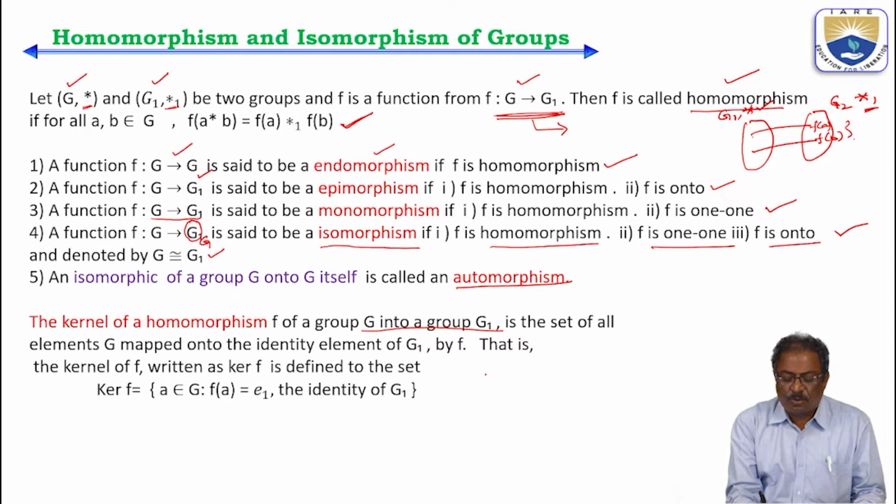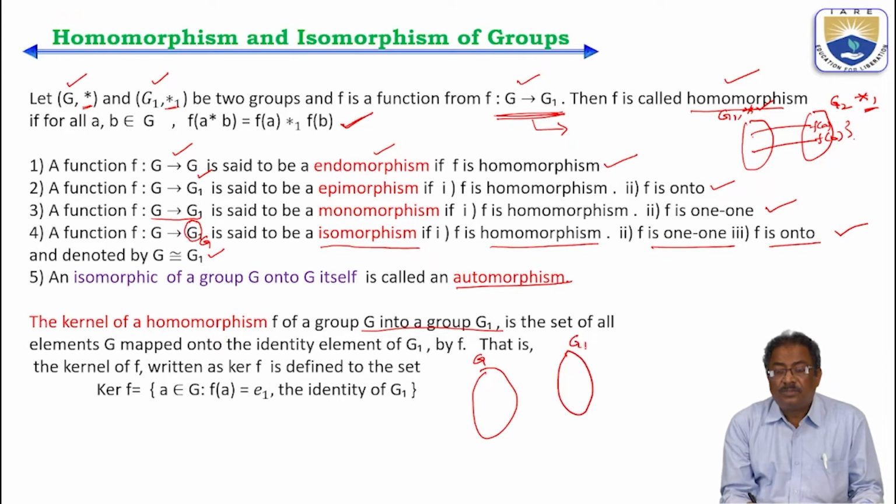That means whatever the elements, so this is G and this is G1. Here the set of all elements, that means F of a is equal to e1, the identity. So we are considering all the elements.